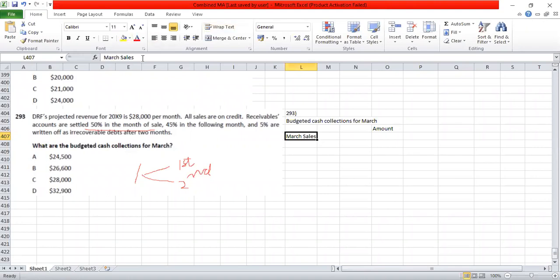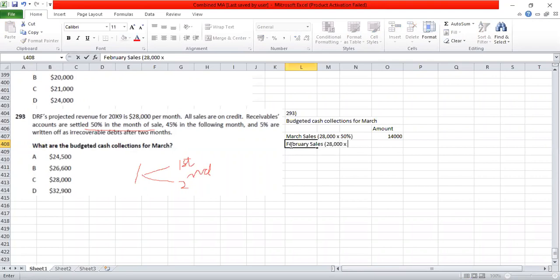March sales are given to us as 28,000 into 50%. Next, previous month is February. February also has the same amount of sales.